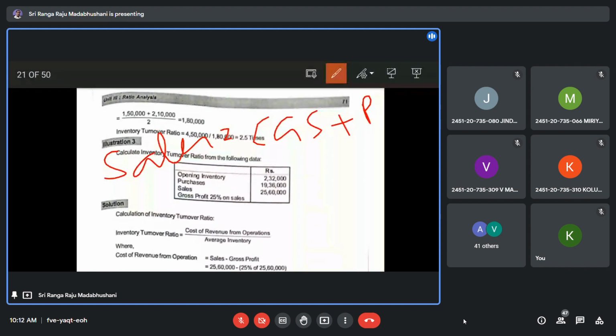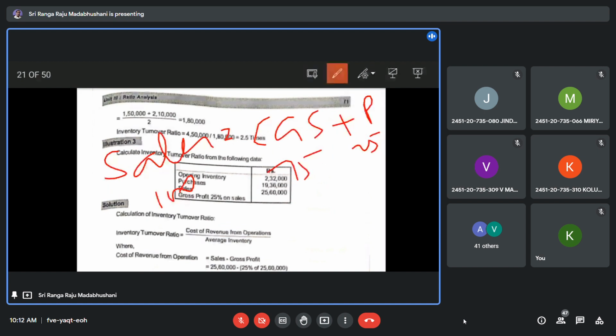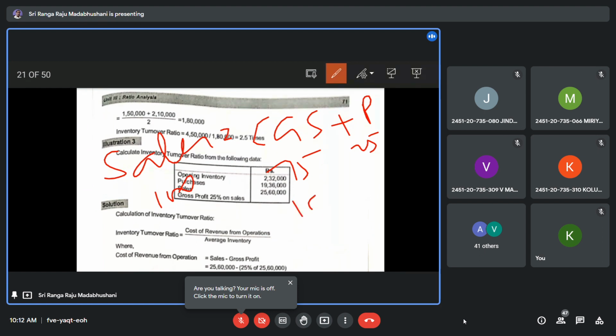If it is on sales, then sales is 100, cost of goods is 75, profit is 25. If it is fixed on cost of goods sold, then cost of goods sold is 100, profit is 25, and sales will become 125. So if gross profit of 25% on cost of goods sold is given, you have to take 25 by 125. Is it clear?